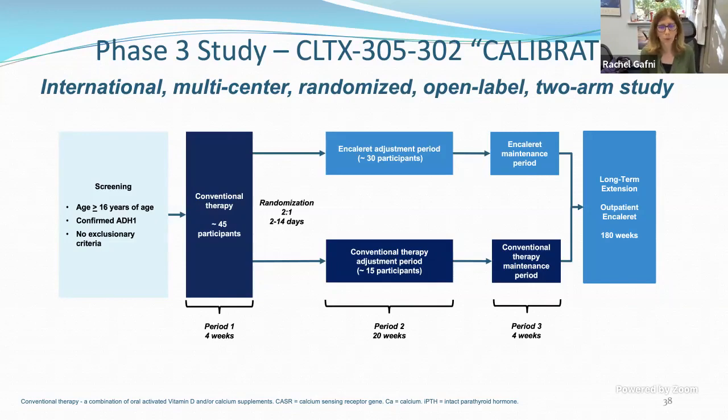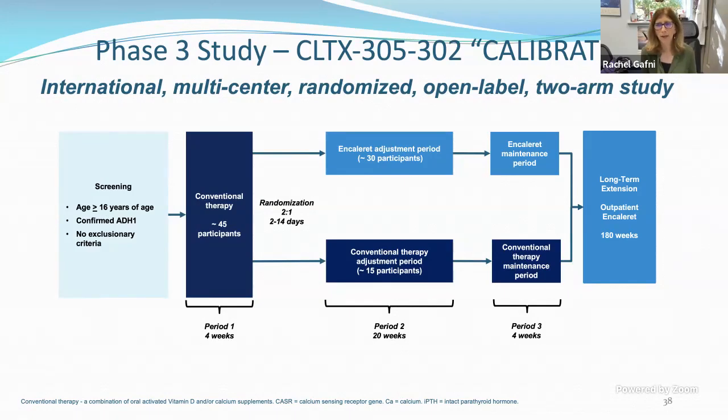And that's for about 20 weeks, where the doses are adjusted. And then they'll continue on their maintenance doses that have been figured out during the adjustment period for another 4 weeks. So it's 24 weeks where you're randomized to either Encalaret or calcium and calcitriol.